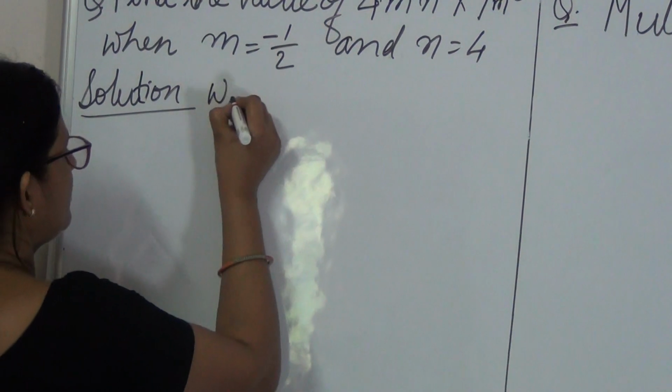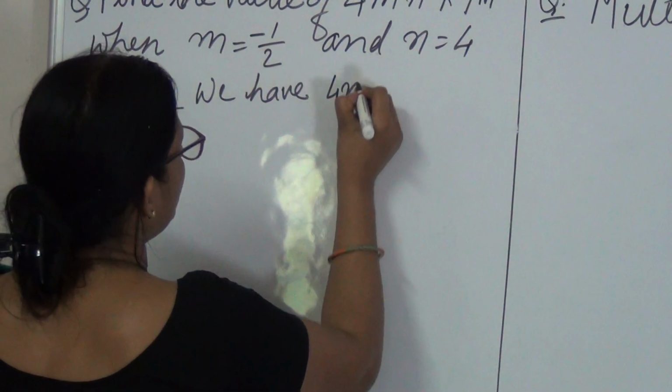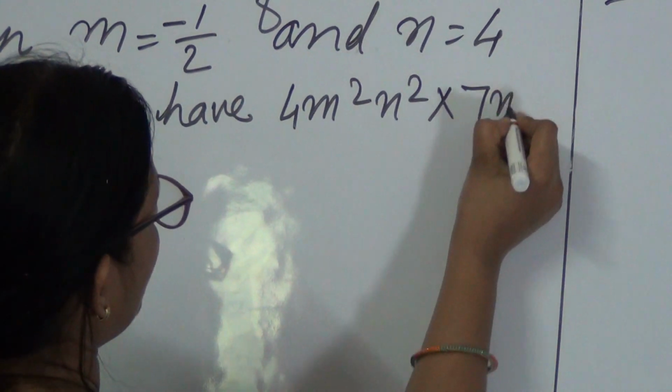We have 4m square n square into 7m cube.